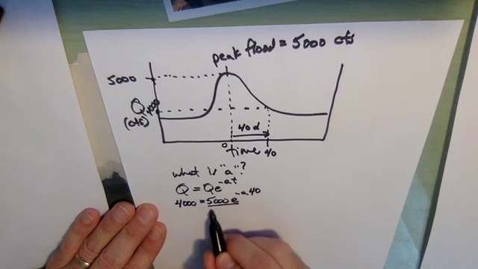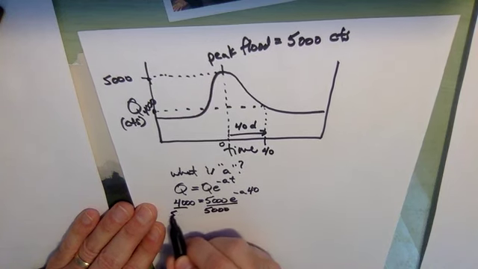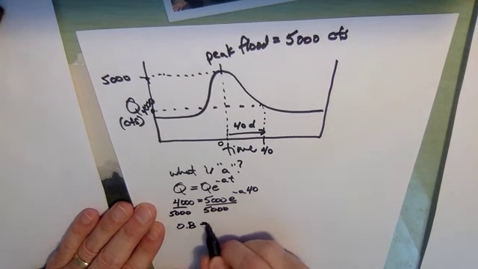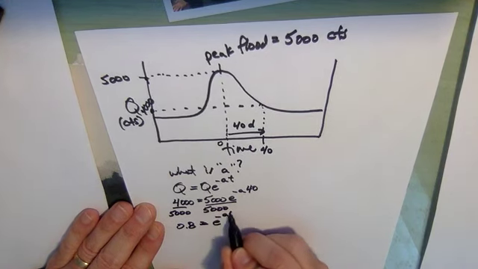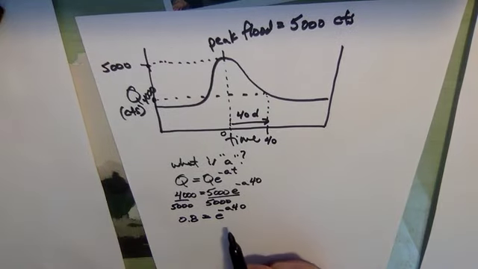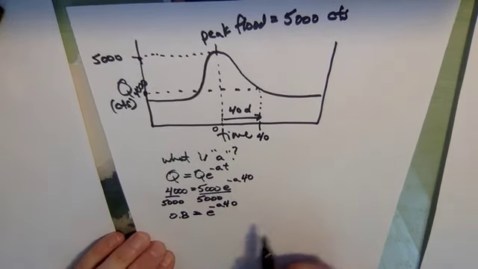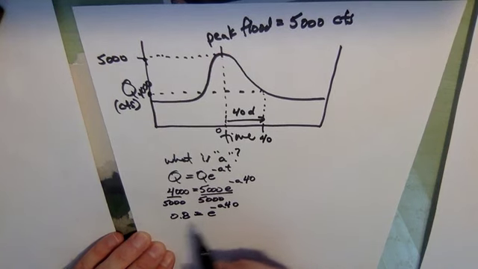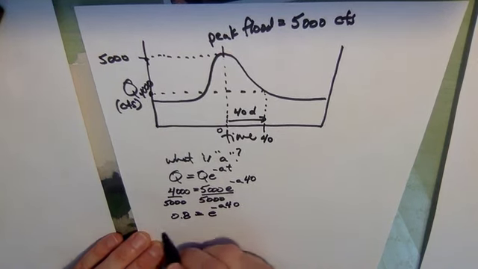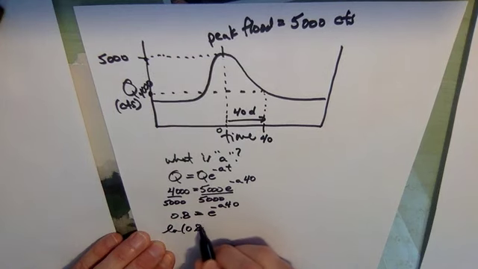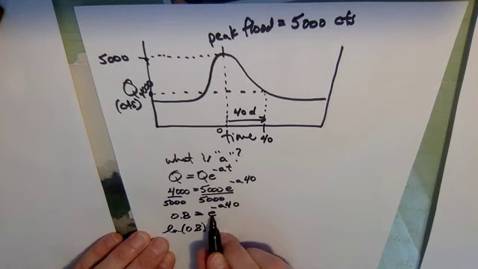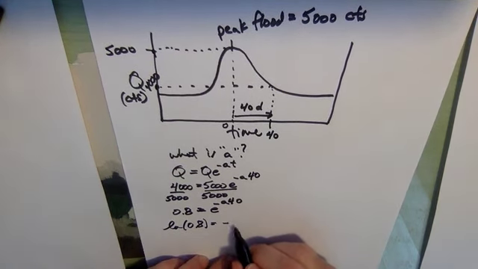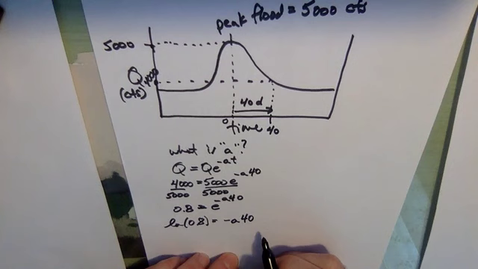So we can divide both sides by 5,000, and we get 0.8 equals e to the minus A times 40. If you haven't done this sort of thing in a while, to get rid of the base of the natural log, you take the natural log of both sides. So you'd have natural log of 0.8 equals, and when you take the natural log of the base of the natural log, the e just disappears, and you're just left with negative A times 40.